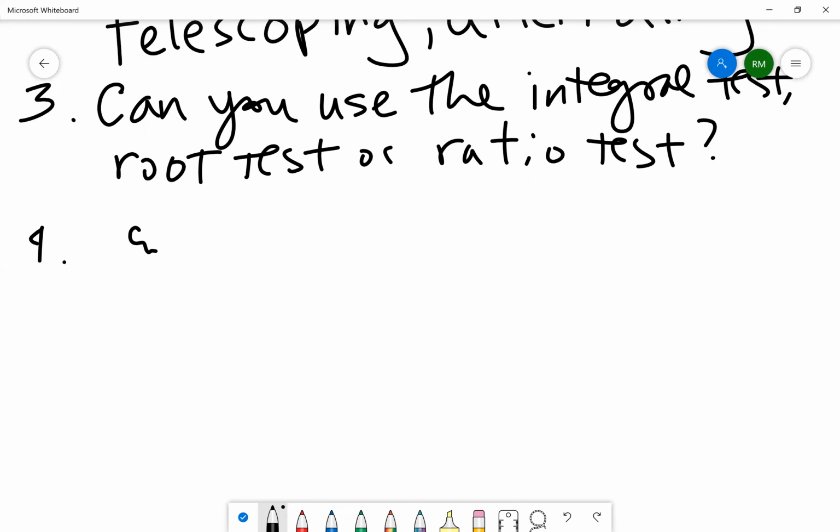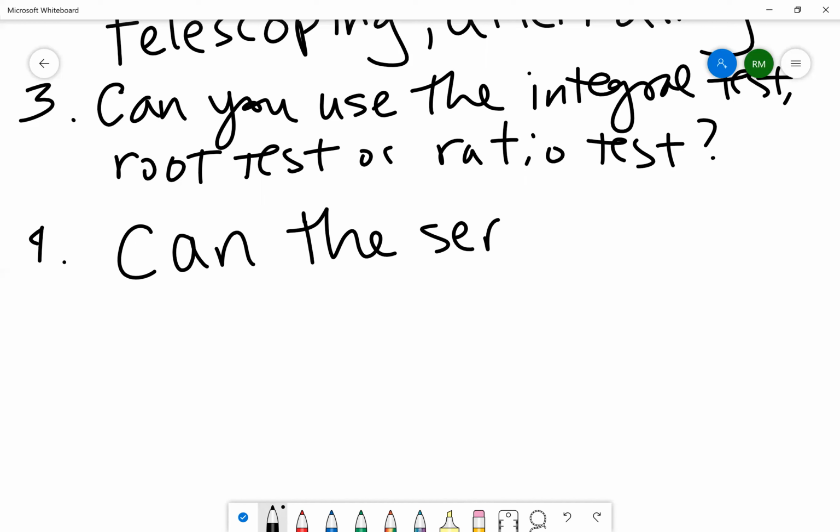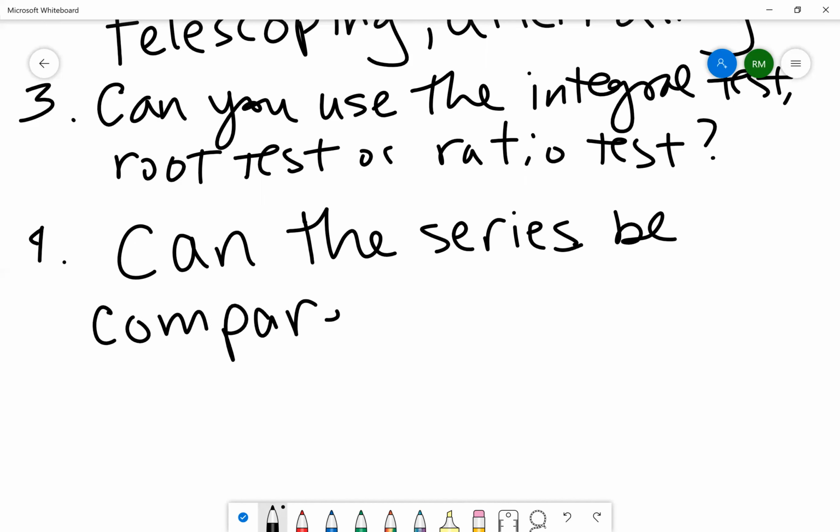Can the series be compared to one of the special types?